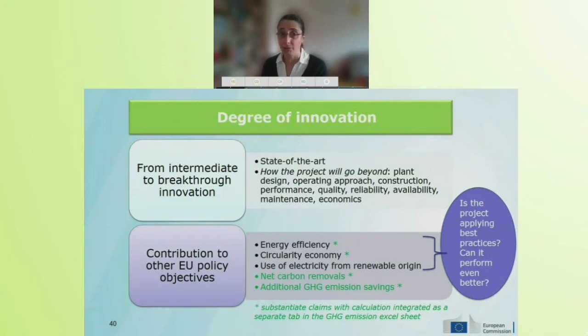So you will have first to explain again the state of the art, or there is a chance that you beef up this explanation, that you're very, very clear on what is the state of the art for your particular technology or set of technologies you are intending to demonstrate. Then, in the second section there, in the application form, you have to explain very clearly how your project goes beyond incremental innovation, substantially beyond incremental innovation.